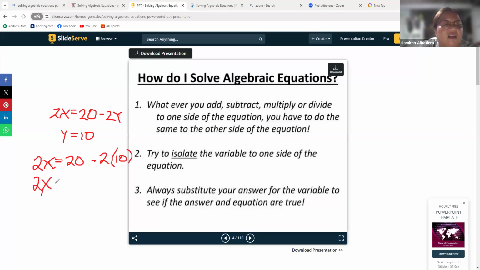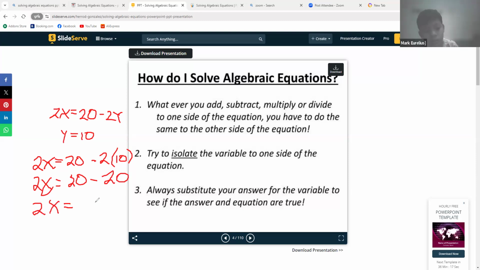Look at this. 2x here is equal to 20 minus 10, Mark. I mean 2 times 10, Mark. 20. So 20 minus 20. Okay, so 2x is equal to what? 20 minus 20.